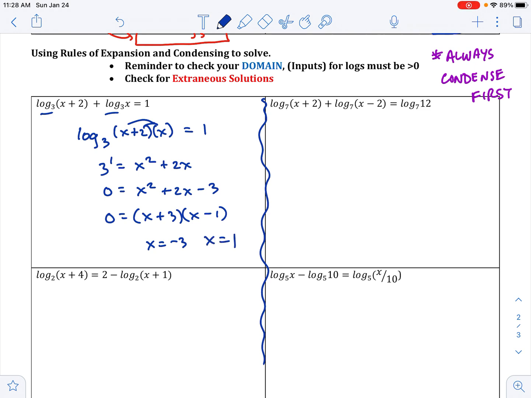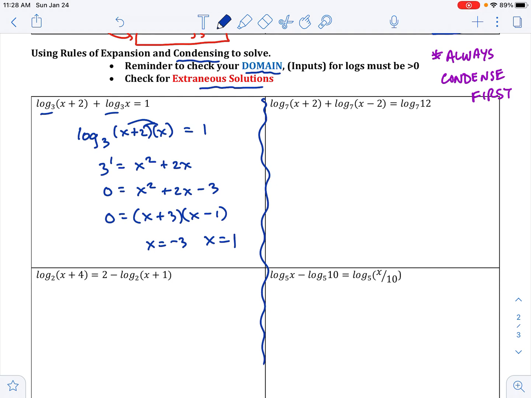All right, so now, not so fast when you go on to the next one. So up at the top here, one of the things it talks about, besides just the expanding and condensing, is we got to pay attention to domain, okay? Because we have to check for extraneous solutions. We already saw an extraneous solution earlier.